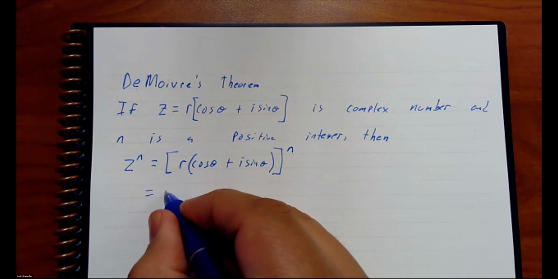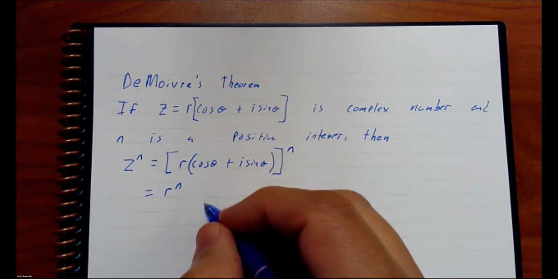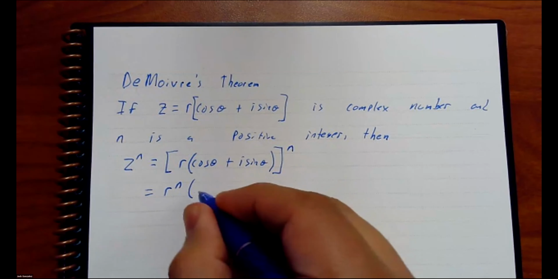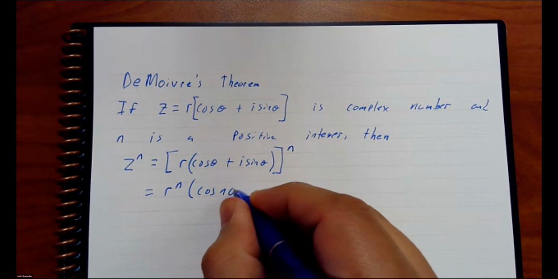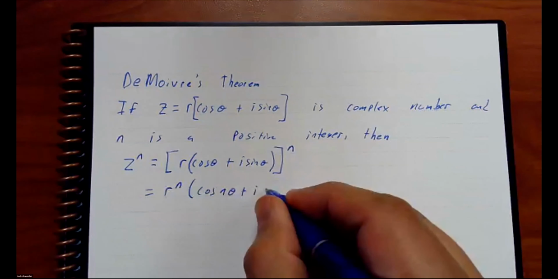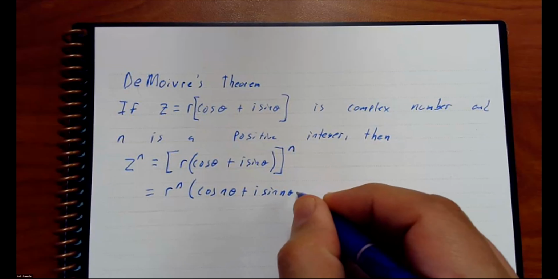So this will equal r to the n times cosine n theta plus i sine n theta.